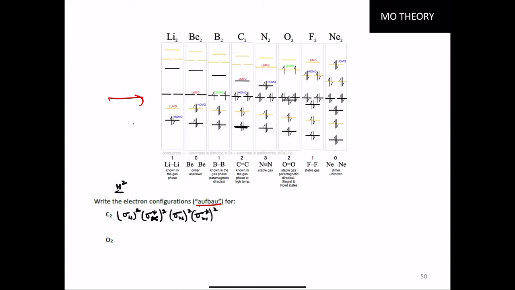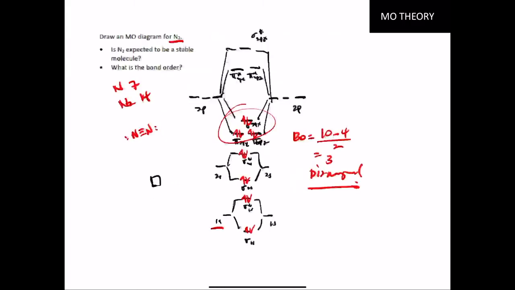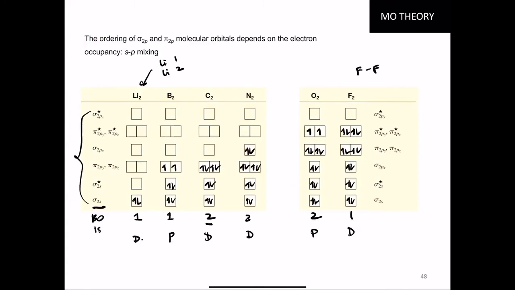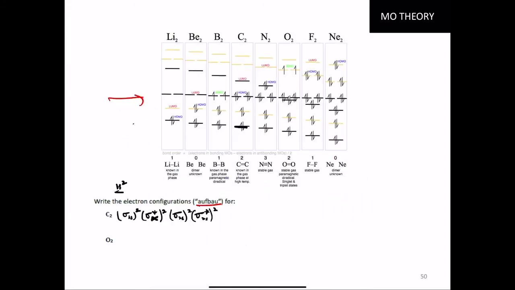Flip back to your picture. Make sure you're looking at this one. So who do we get next? Now we get sigma 2s. We get the pi 2p's next. Okay. So I get pi 2p. What we can do is say pi 2p4.